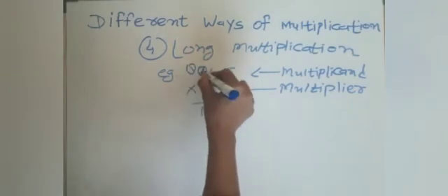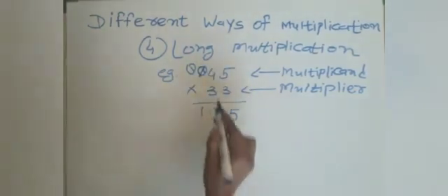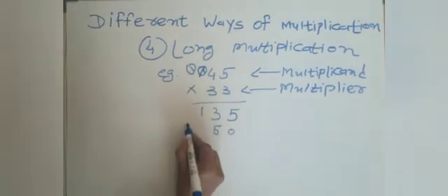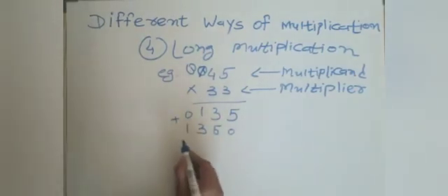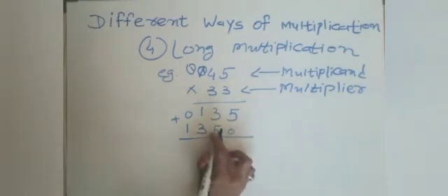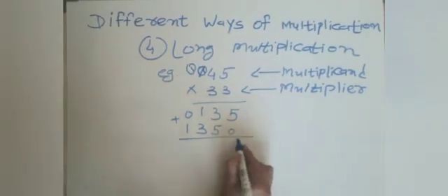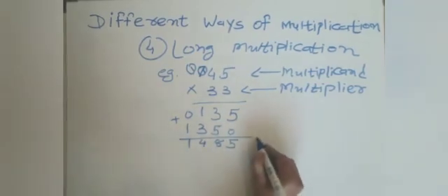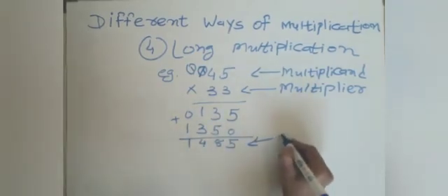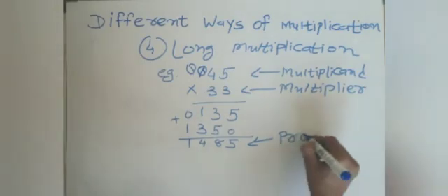It is already added, so we will cross it. 3 fours are 12 plus 1, 13, and add these numbers. This is the final answer, and it is called the product of the numbers.